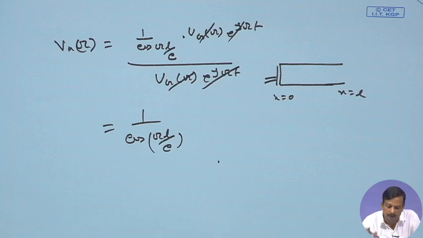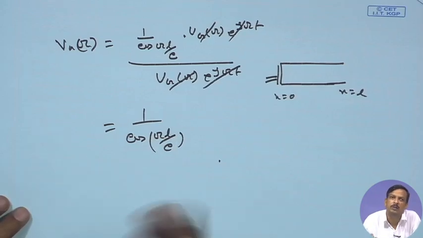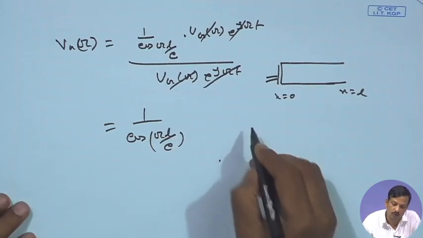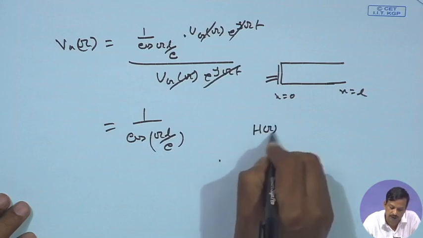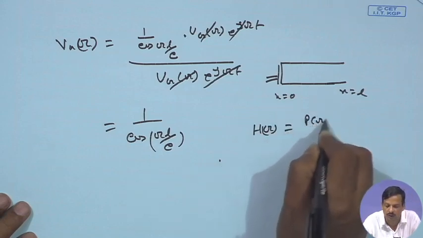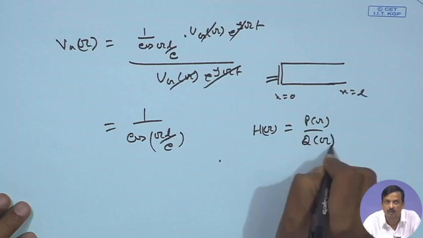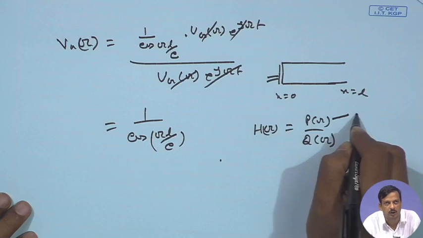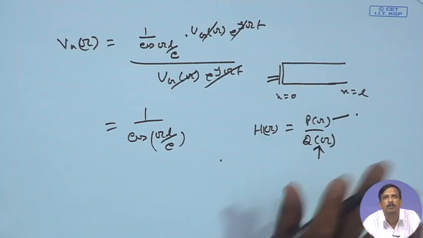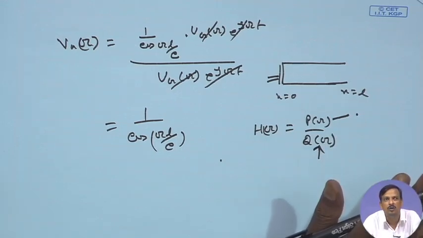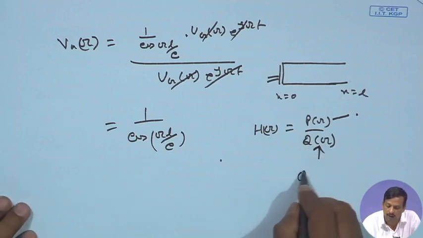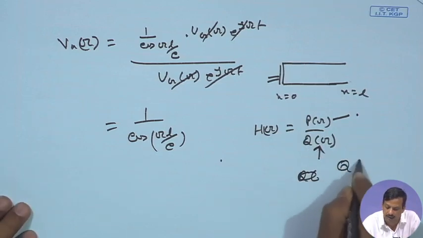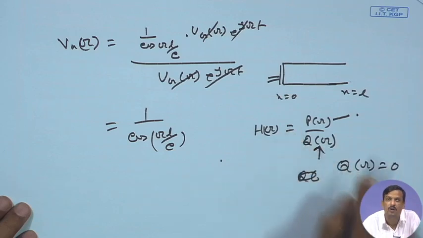Okay. Now, if it is 1 by cos omega L by c, then what is the pole position? What do you mean by pole position? Pole, you know that pole. Any transfer function, let us say h omega, consists of some p omega divided by q omega. So, there is some zero and some pole: the solution of p will give me the zero, and the solution of q will give me the pole. If you see the solution of q, when q omega is equal to 0, then what is the amplitude value?